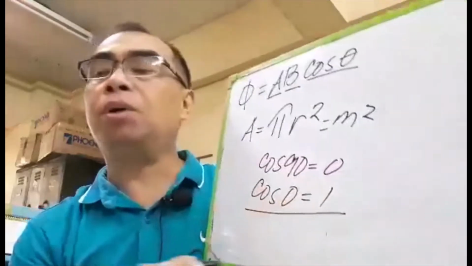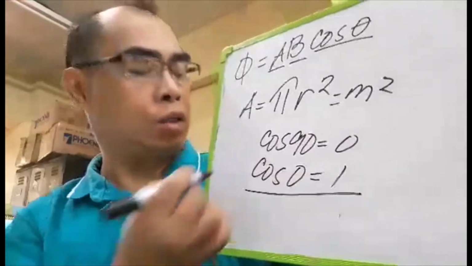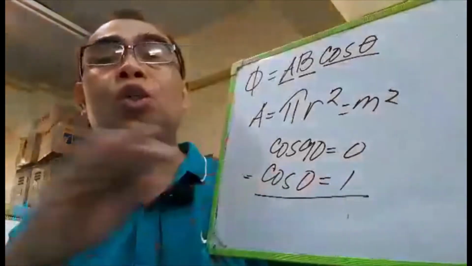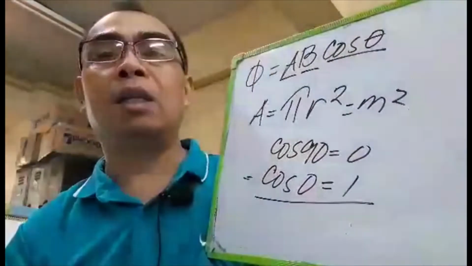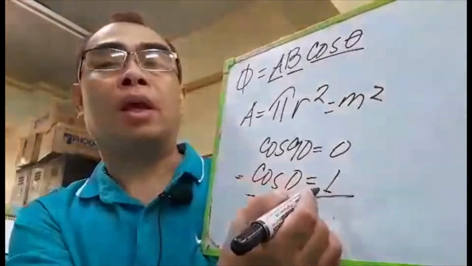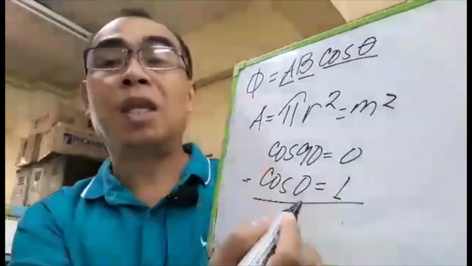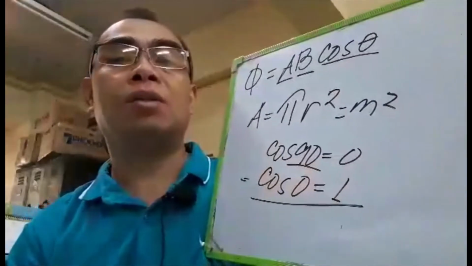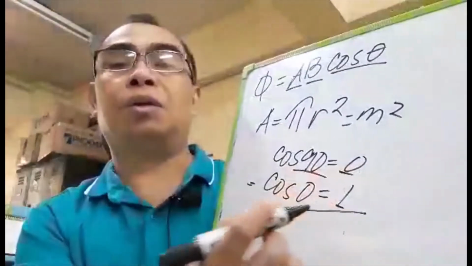But always remember, this is a parallel line. So if it is a parallel line, there is no increasing of the magnetic flux. Cosine 0 is always 1. But if you're going to make it perpendicular, cosine 90 is equal to 0.